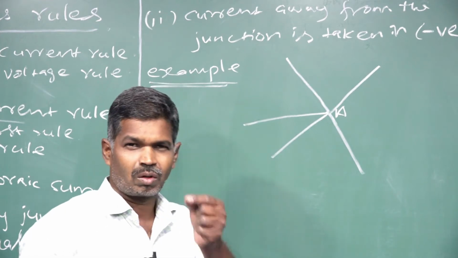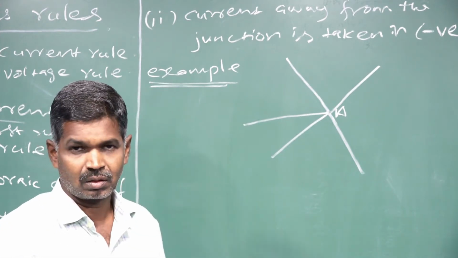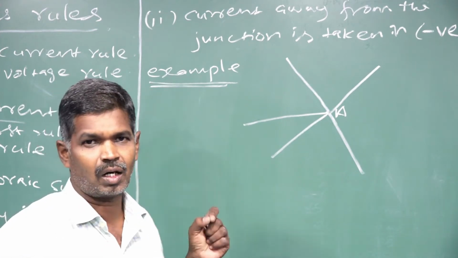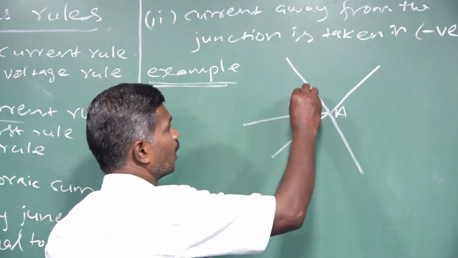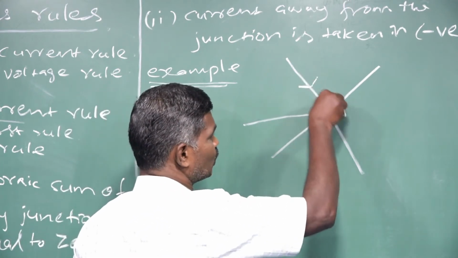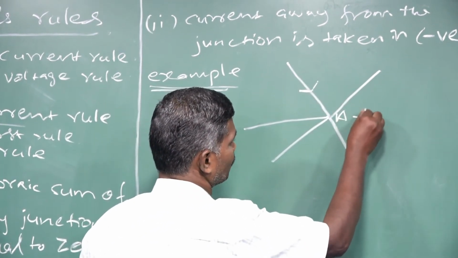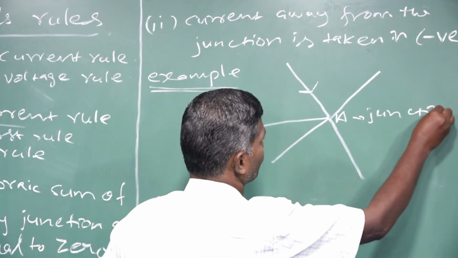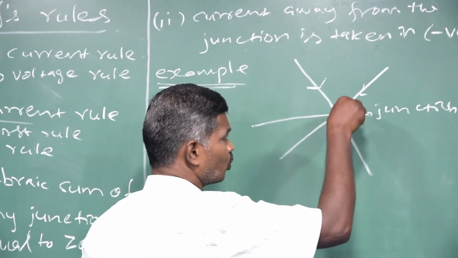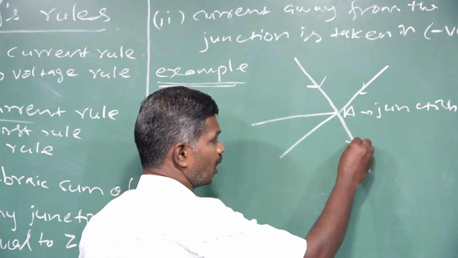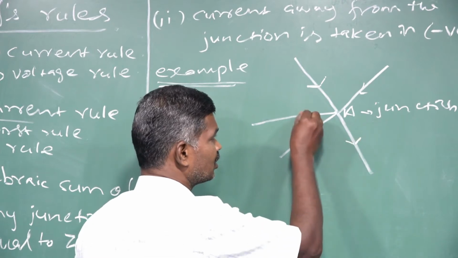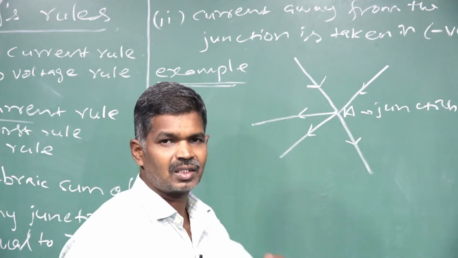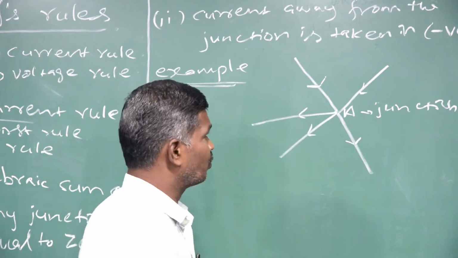We represent this with the arrowhead, whether it moves towards or away. Here the arrowhead is towards the junction. This arrowhead also moves towards the junction, but here away. These three are away.